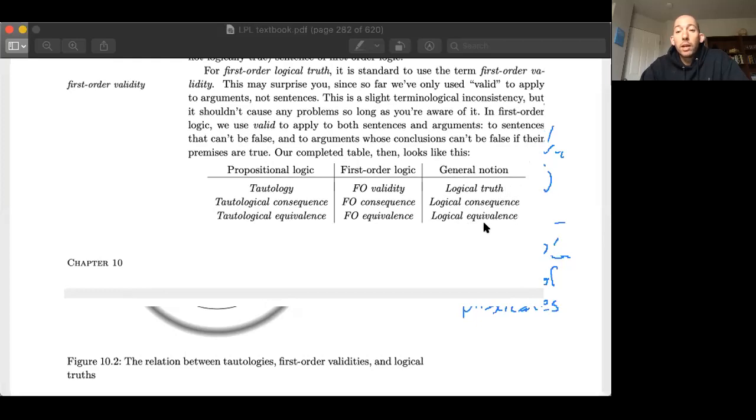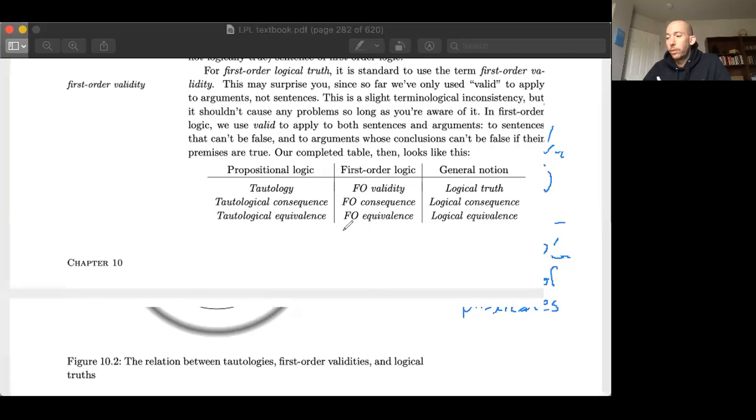Here you get to look at all the pieces of information, not just the connectives and not just the quantifiers, but also the meanings of any of the predicates that are being used. First order logic, where we're talking about first order validity, first order consequence, or first order equivalence, the only things that you're going to be looking at are the connectives plus the quantifiers.